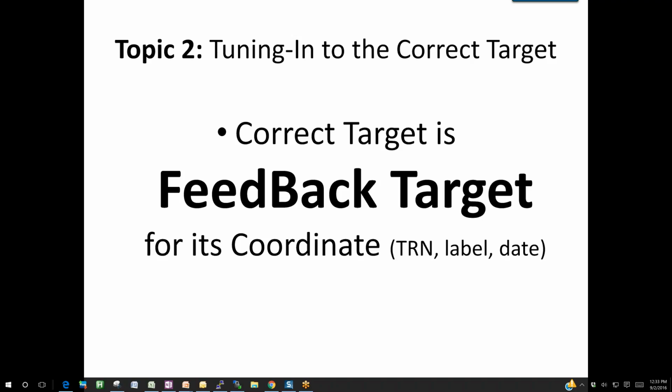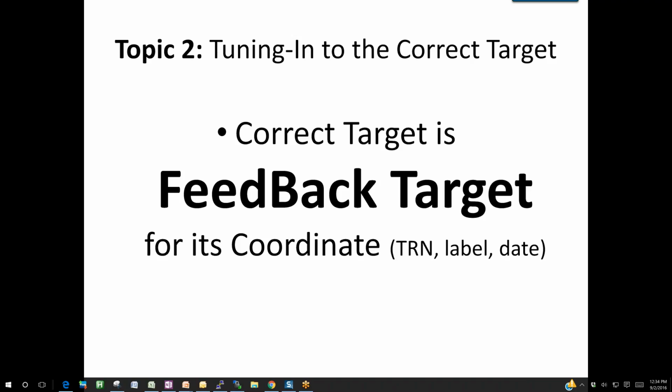So it's just absolutely clear to me that valuable psi work of any form, and certainly in the precognition area, involves a feedback target and something that's associated with what we call a coordinate. Other people call it a TRN, a transcript reference number, a label of some sort. I know a lot of people out there that use nothing but a date to indicate their transcript.